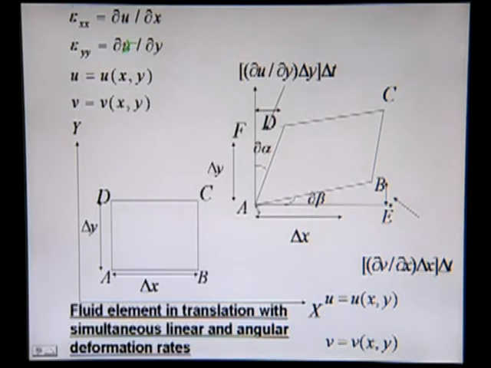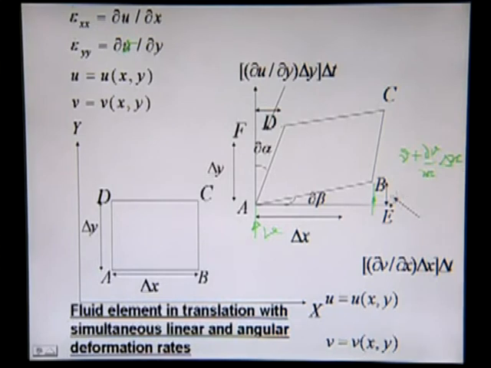At this point in this direction we have velocity v only, and at this point in this direction we have velocity equal to v plus del v over del x multiplied by delta x. So v plus del v over del x into delta x, this is the velocity difference.